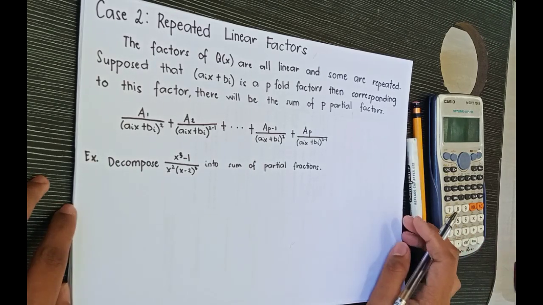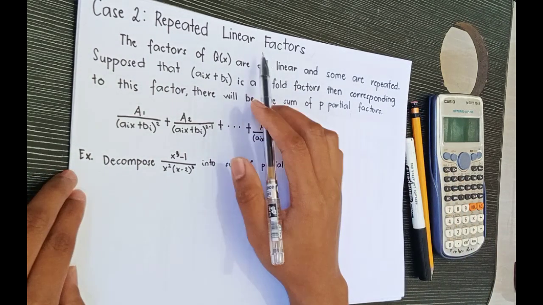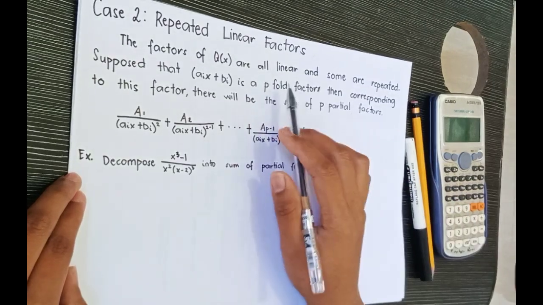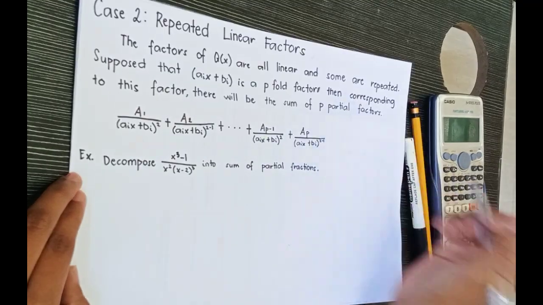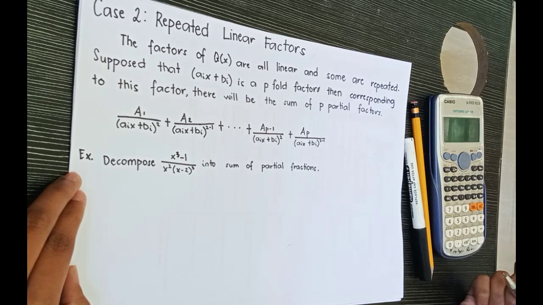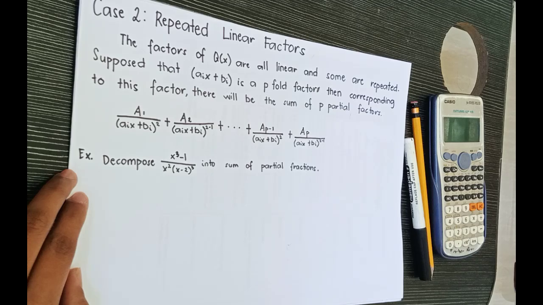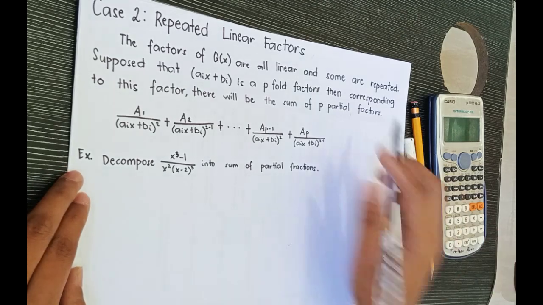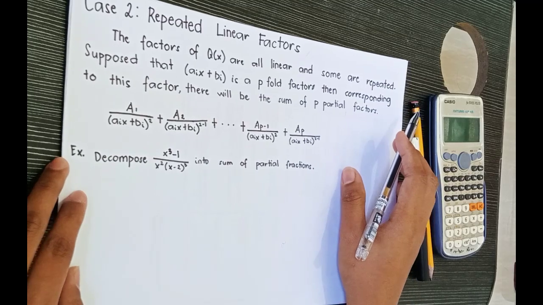Okay, so in case 2, it involves repeated linear factors. It states here that the factors of Q(x) are all linear and some are repeated, meaning that a linear factor appears multiple times in the denominator of a rational expression, being raised to a power greater than 1.